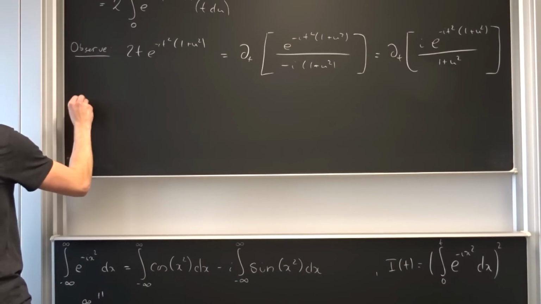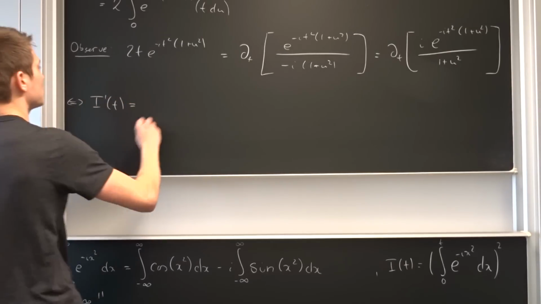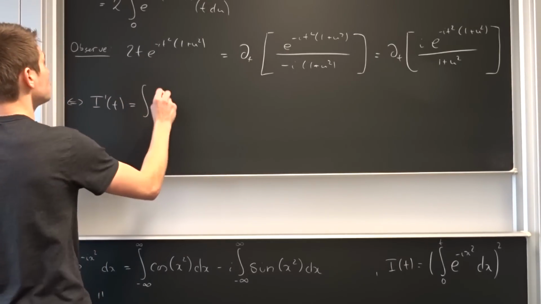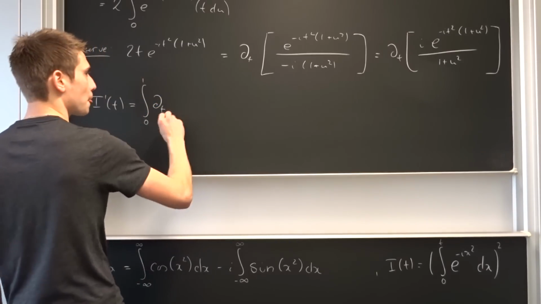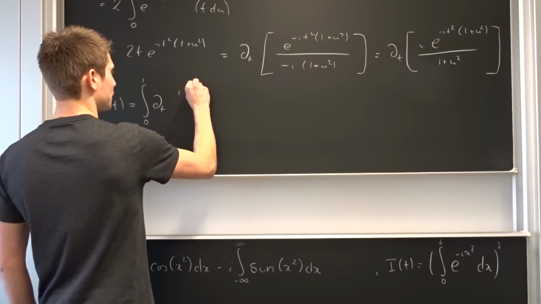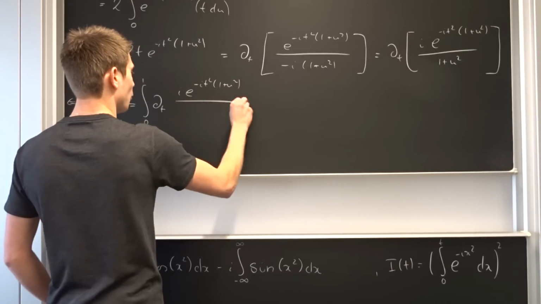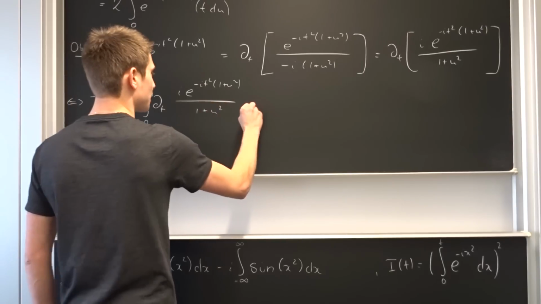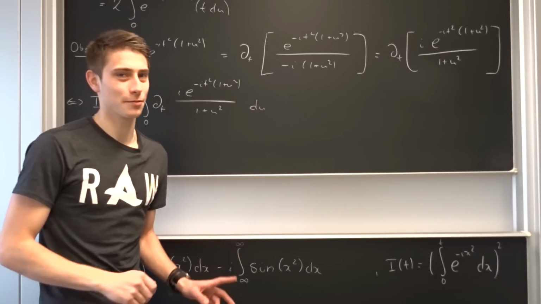So I prime of t equals the integral from 0 to 1 of the partial derivative in t of I times e to the minus I t squared times 1 plus u squared over 1 plus u squared, times du. And here's one crucial observation.